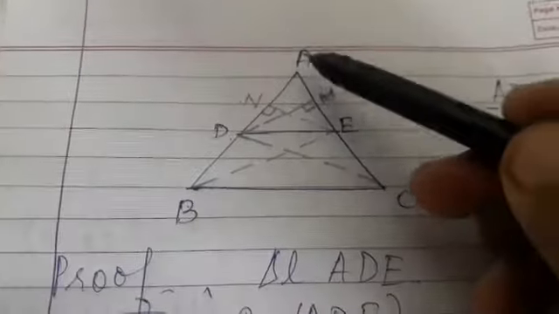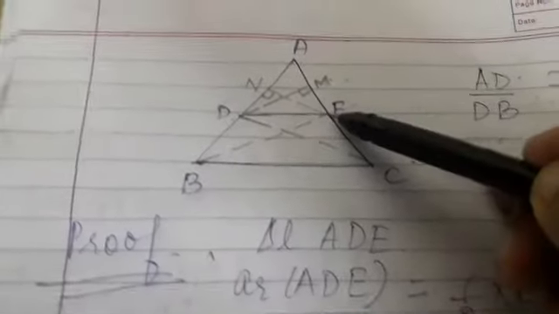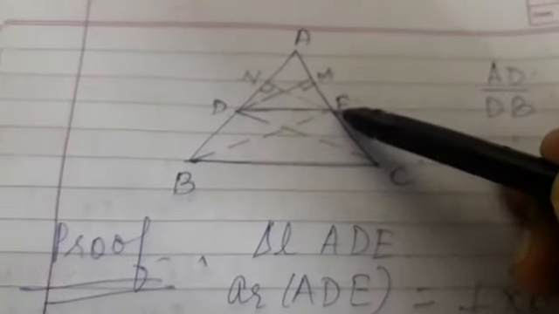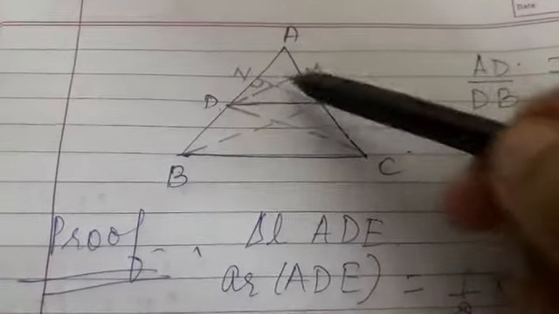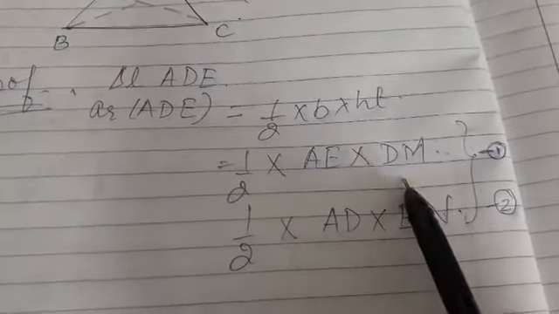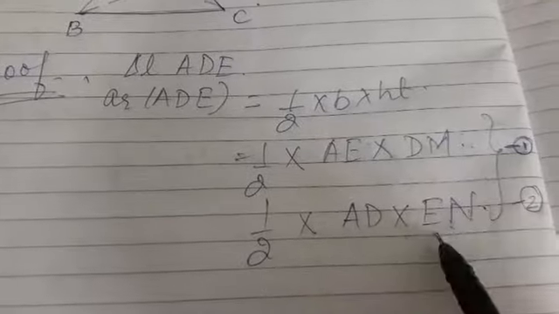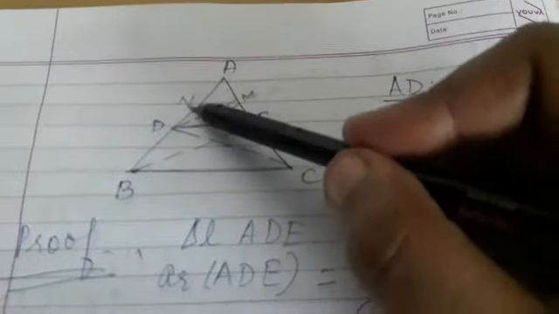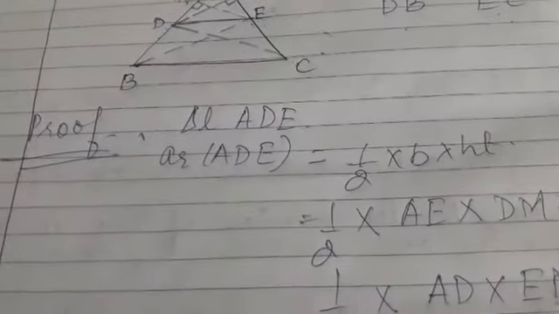Now when we consider triangle ADE, we apply the formula half into base into height, and for that we have two areas, half into AE into DM and half into AD into EN. For AE, DM will be the height. For AD, EN will be the height. Now similarly, coming to BDE, similarly DEC, we apply the same formula.